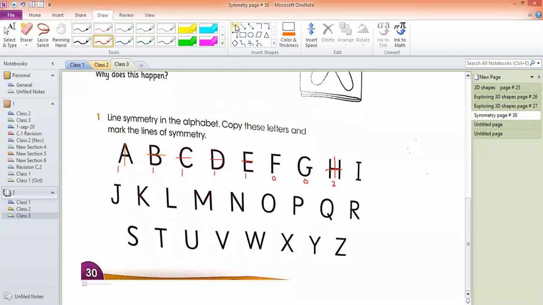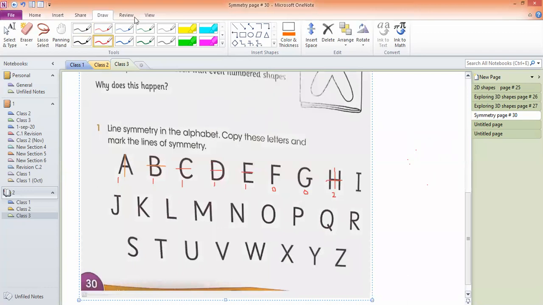Okay. So I'll draw one vertical symmetry here. Draw two symmetries here, guys. One vertical and one horizontal.